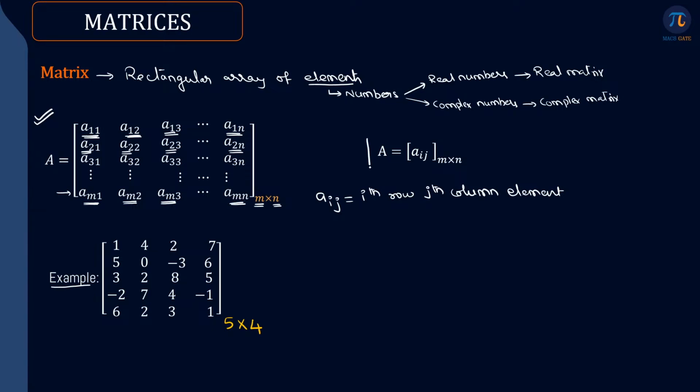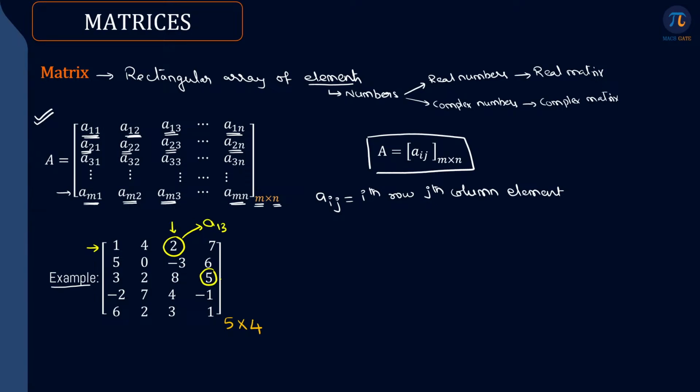We can write it in a short notation like this. This matrix can be represented as Aij of order m by n. Instead of writing this big matrix, you can just use this short notation. And here Aij represents the ith row, jth column element. Now, if you observe this element, it is in the first row and third column, so you can call it A13.